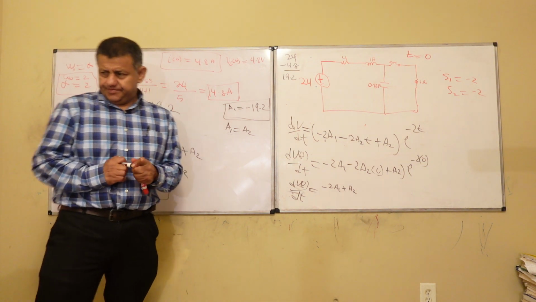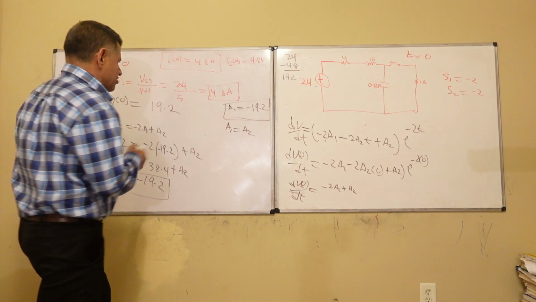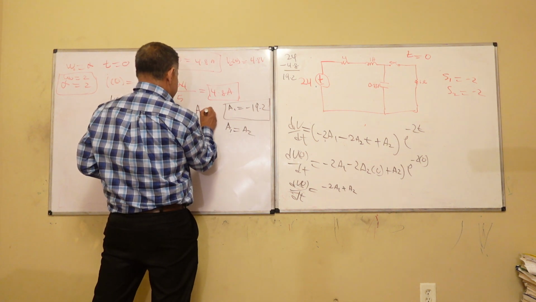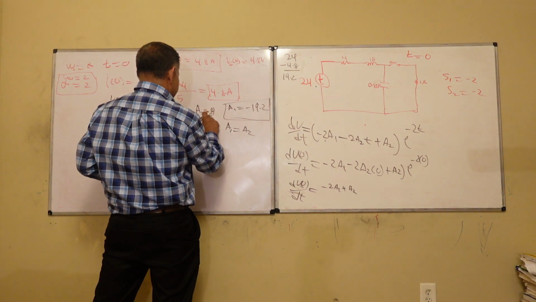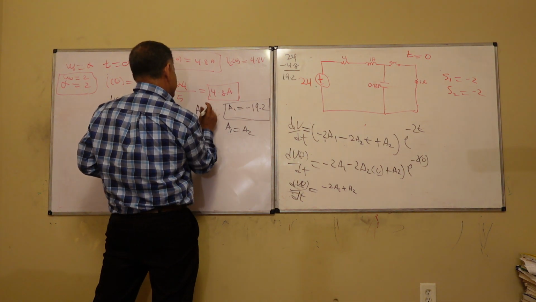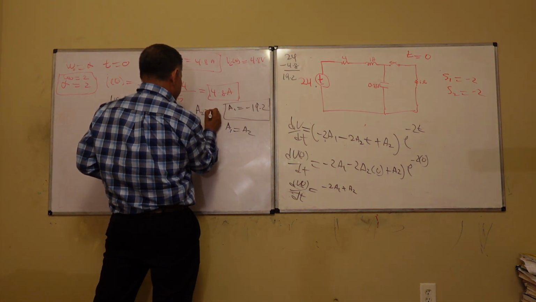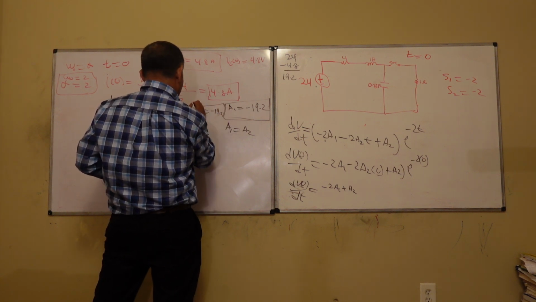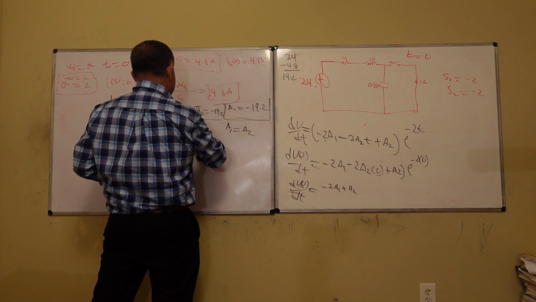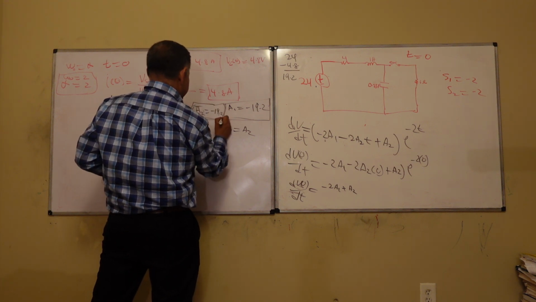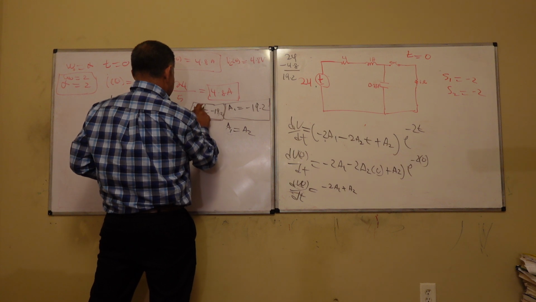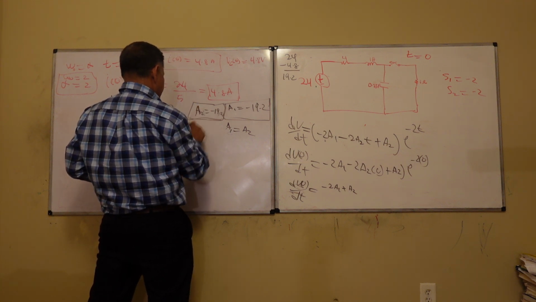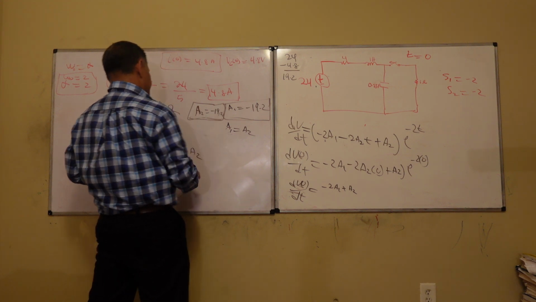Okay, so now we found out that A2 is equal to negative 19.2. So A2 and A1 are the same, right?